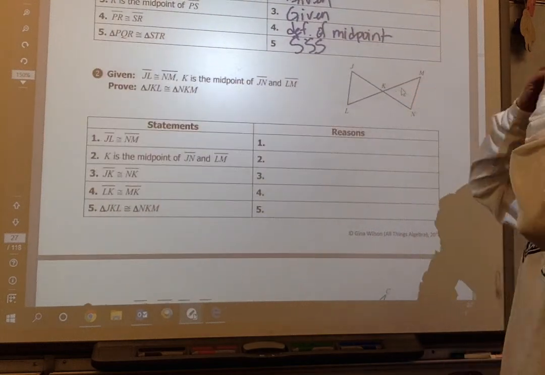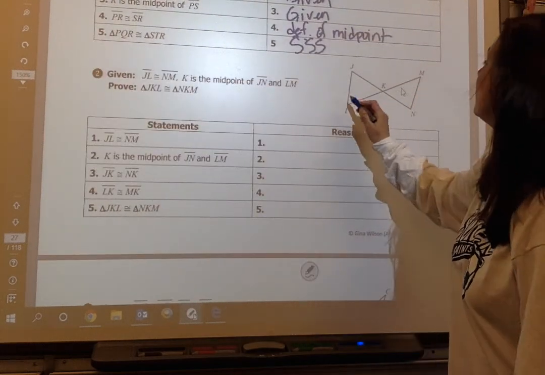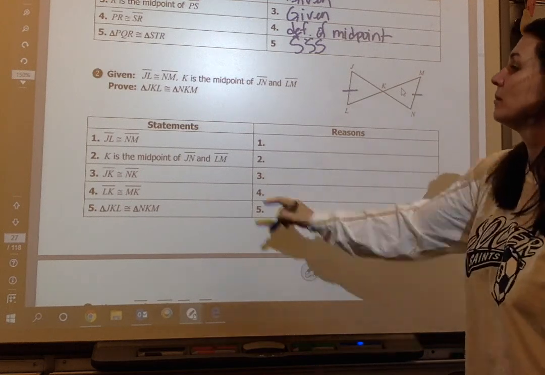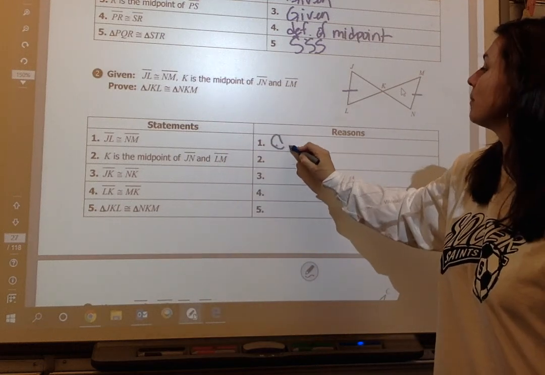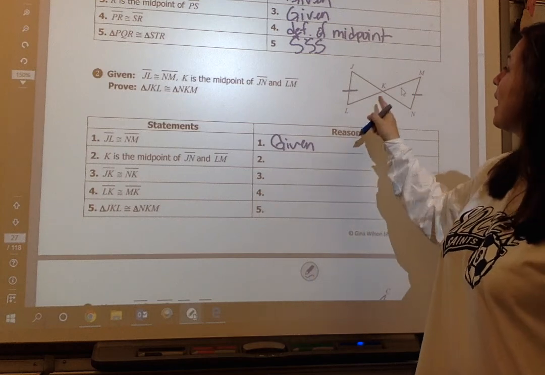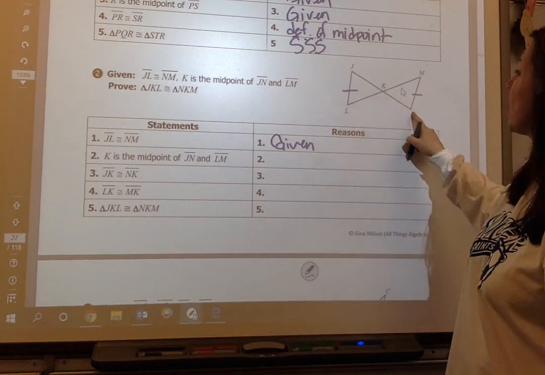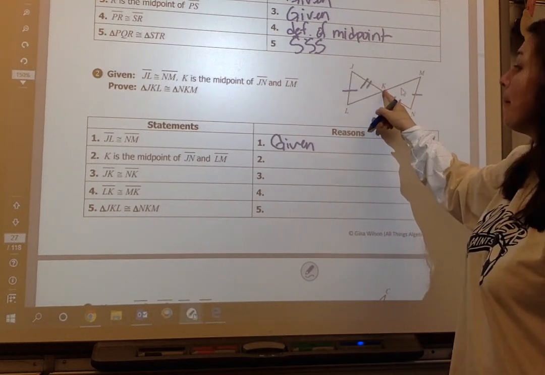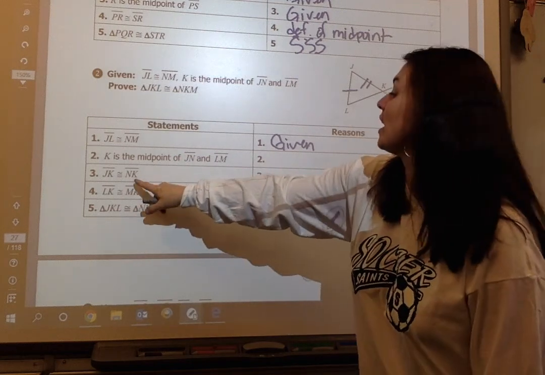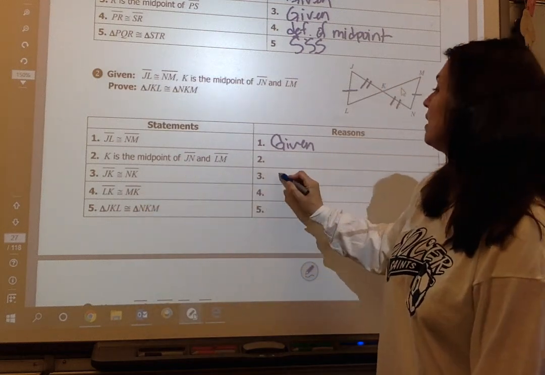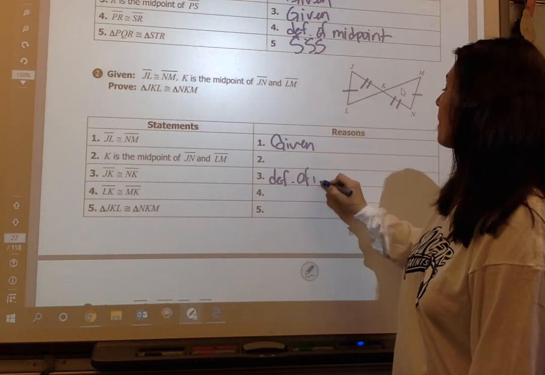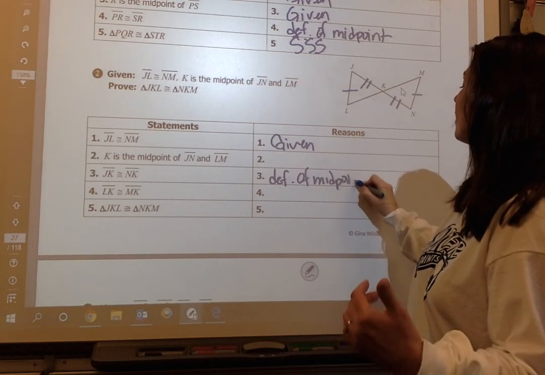All right, next one, number 2. JL is congruent to MN. That's given to me. K is the midpoint of JN, making JK congruent to NK, definition of midpoint. Sorry, missed it.